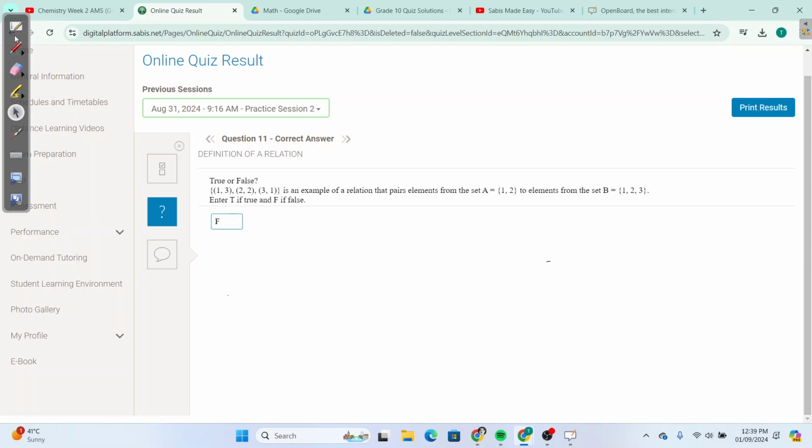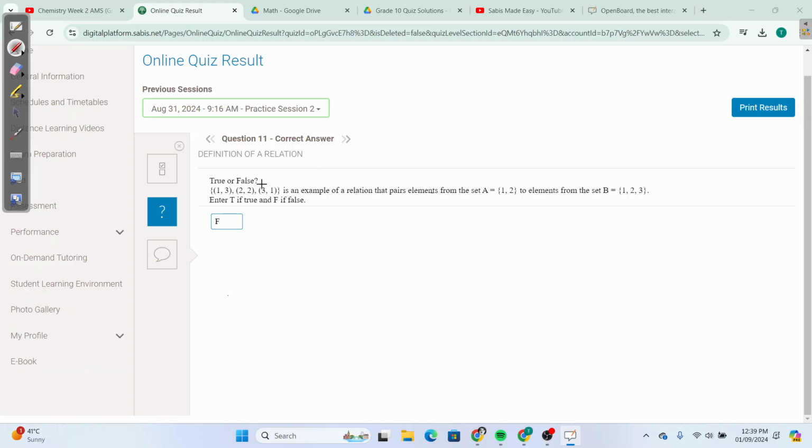It's false because if you want a relation to pair elements from both sets, each number must be common in both of these sets. As you can see, 1 is common in set A and set B, 2 is common in set A and set B, but 3 is in set B, but not in set A. So this is wrong. It doesn't pair them together. It's not a correct relation to pair them.